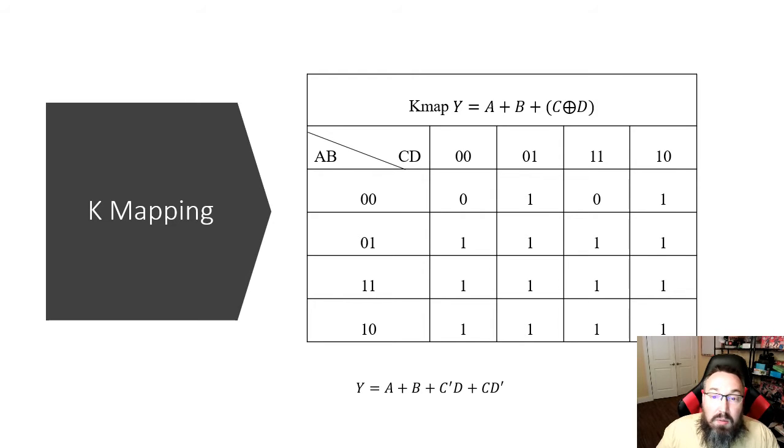Using that truth table, I then put it into the K-map, and from there isolated and simplified the circuit down into essentially AND gates and OR gates that I could use to construct the circuit.